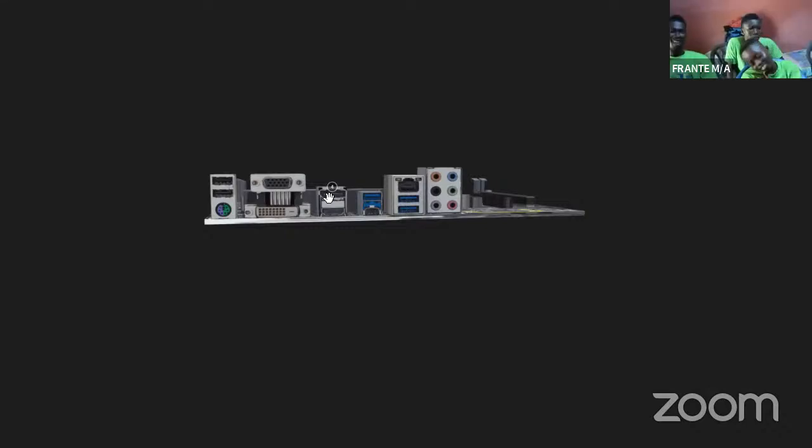Yes, the computer will still work. Why? Without the monitor, would the computer work?